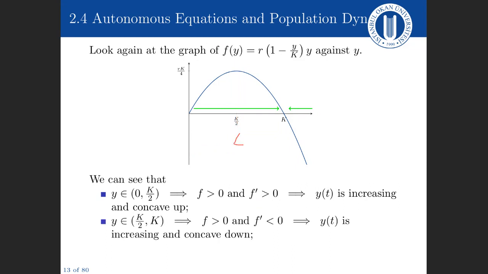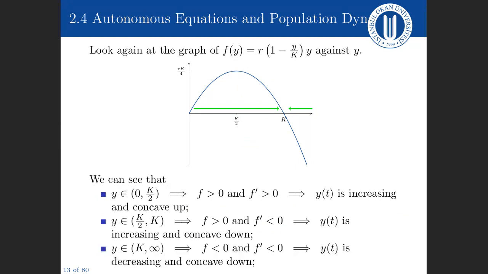On the second part of the graph, between k over 2 and k, again, f is positive, but now f is going down. So f prime must be negative. Because one of these is positive and one of these is negative, you must have concave down. So on this part, y must be increasing and concave down. Increasing and concave down means the solution curves something like this.